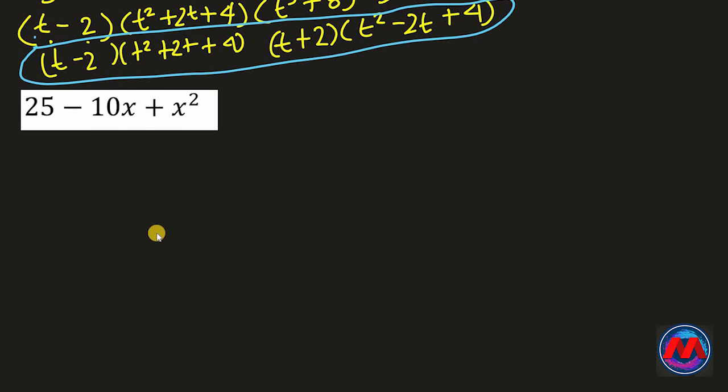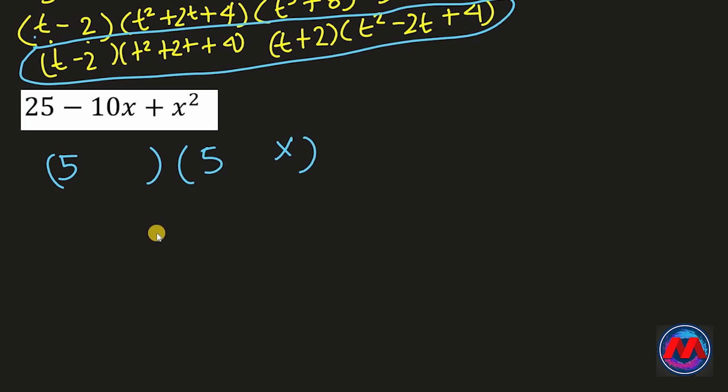Okay, last. So next is to factor the term 25 minus 10x plus x squared using inspection. So, una, 25 is a perfect square. Tama, 25 is a perfect square. That's 5. That's 5.